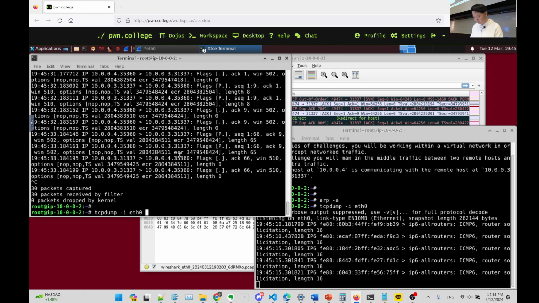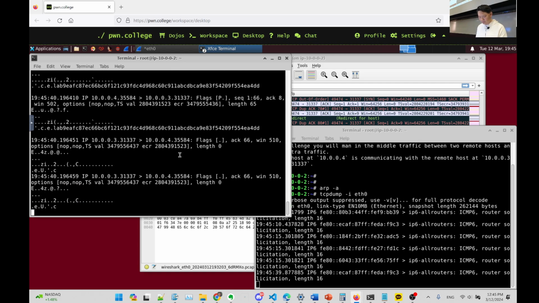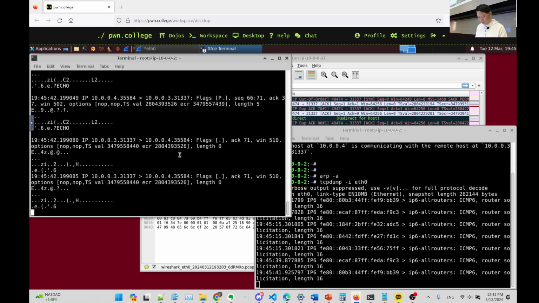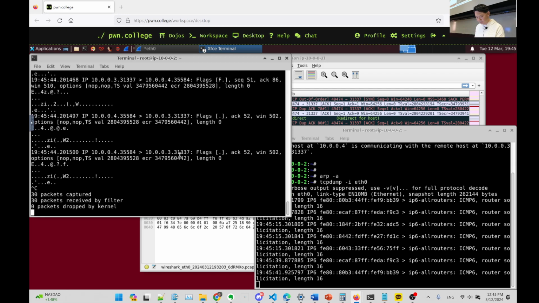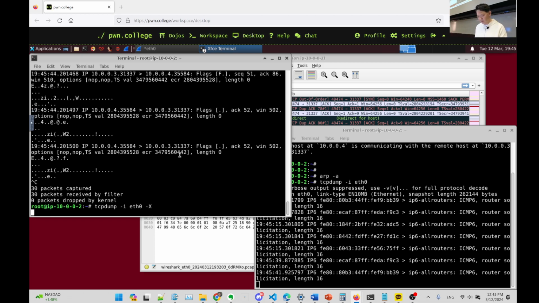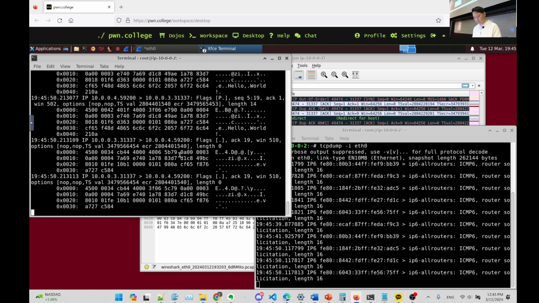So you can see some human readable types like this, the dash A option, or you can also use the X option.